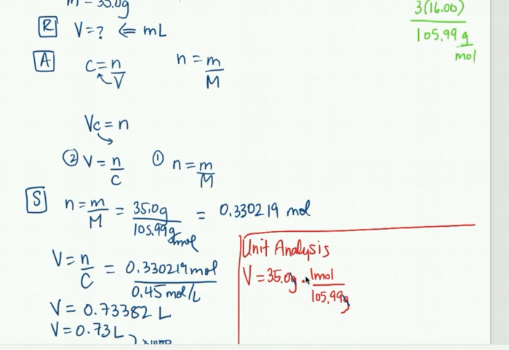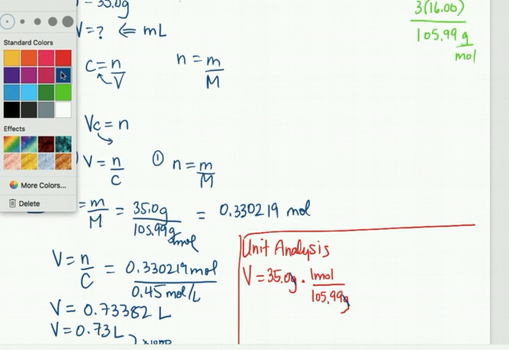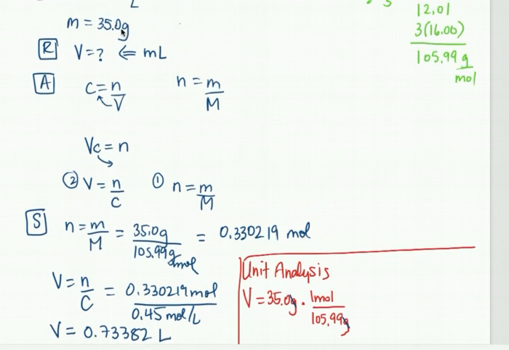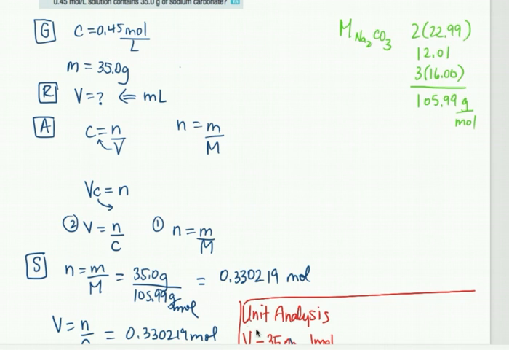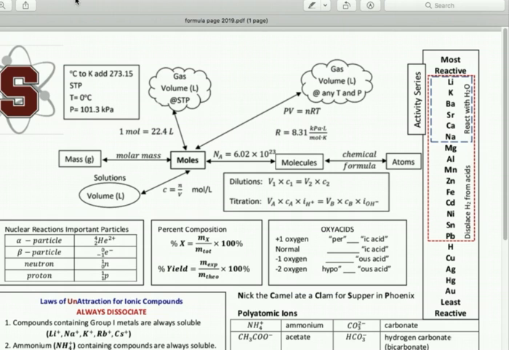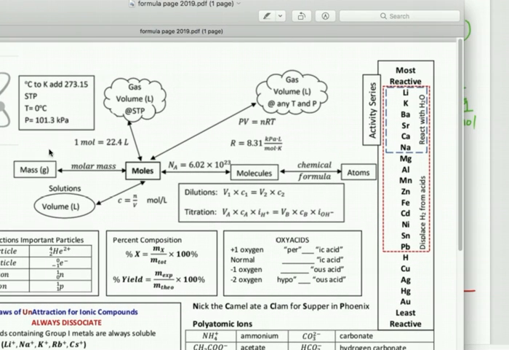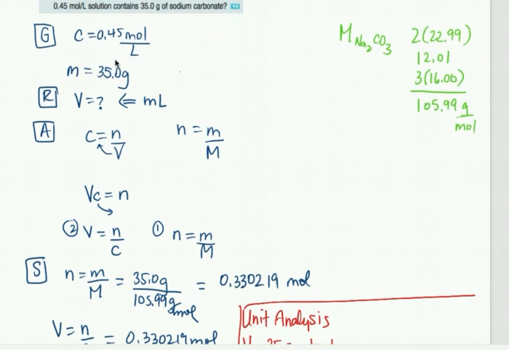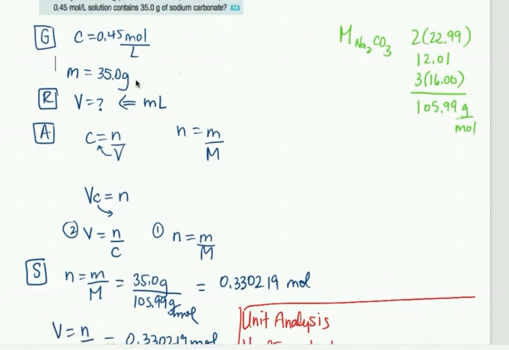So now we're in moles, and then we want to get to the volume, so liters, right? We use the molar mass to get to the moles island, and then we need to use concentration to get to the volume island, okay? So we need to look at concentration here and see how it's mole per liter.